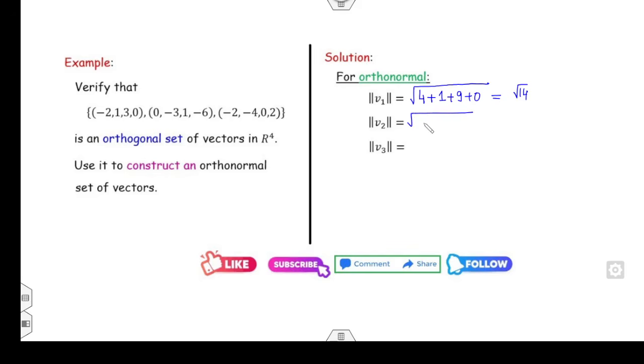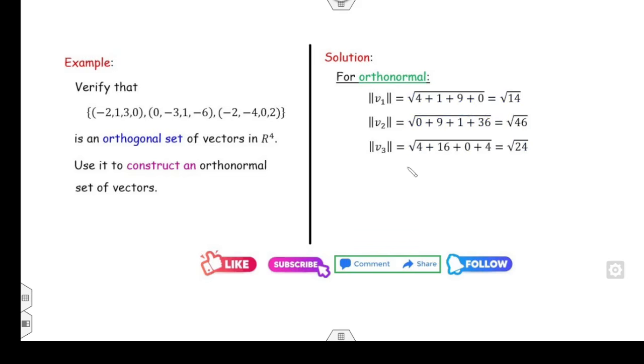Similarly, for v2 it is 0, 9, 1, 36, which comes to 46. And for the last, it is 4 plus 16 plus 0 plus 4, which comes to 24.